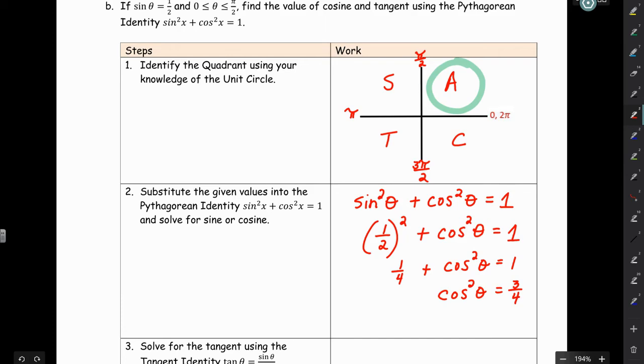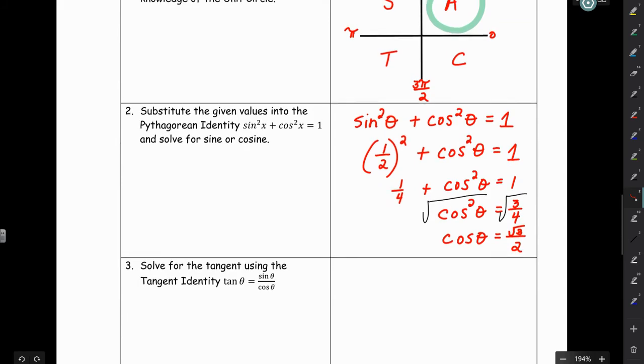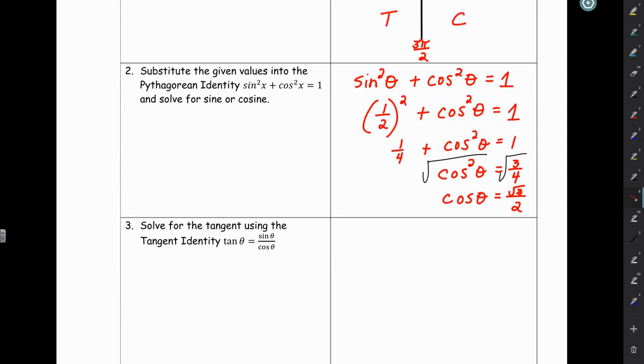We're going to take the square root of both sides. So we're going to get the cosine of theta is equal to root 3 over 2. And we know it has to be positive. We said that we're working in the first quadrant, and everything is positive in the first quadrant. Now we have our cosine, we have our sine. We're going to solve for the tangent. The tangent of theta is equal to the sine of theta over the cosine of theta.